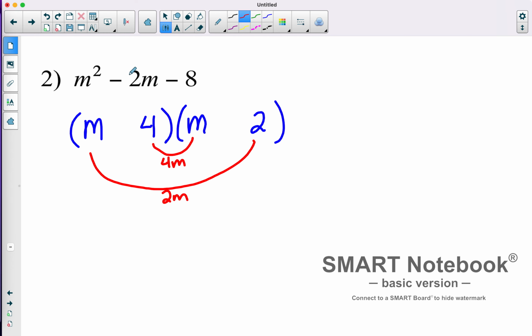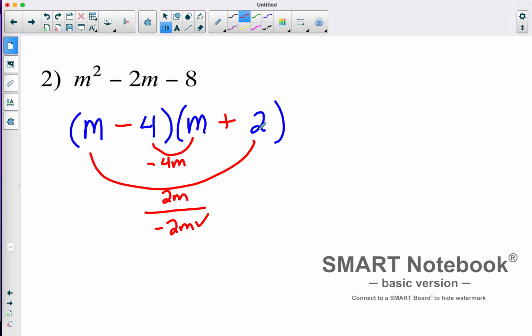Somehow that needs to combine to give me a negative 2. So if I just add those together like that, I get a positive 6, but that's not going to help me. I need a negative 2, which means I would need a negative 4 and a positive 2m to give me a negative 2m. So let's put that negative 4 and a positive 2 there and double check. M times m is m squared.